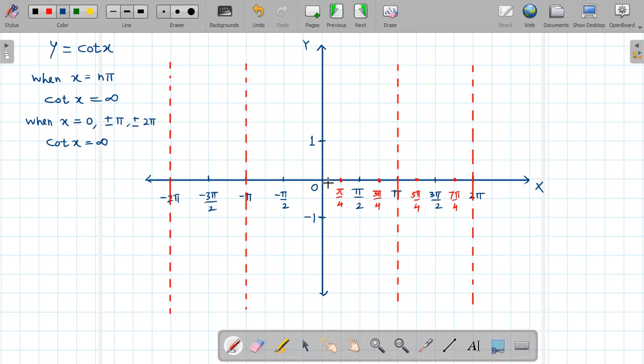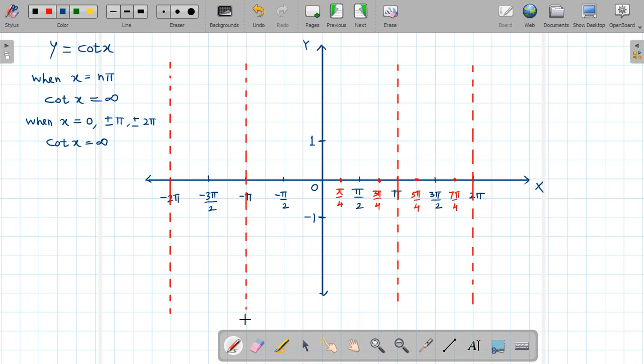Now to draw the graph of the cot function, we will take the interval 0 to pi, then pi to 2 pi, then 0 to minus pi, and minus pi to minus 2 pi. Now consider the interval 0 to pi.